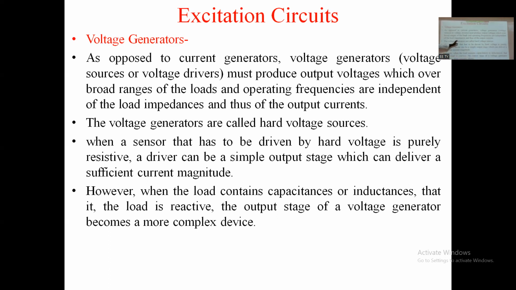Opposite to the current generator, the voltage generator will generate the voltage, and the value of that voltage is independent of the load impedance and independent of the load current, over a broad frequency range.